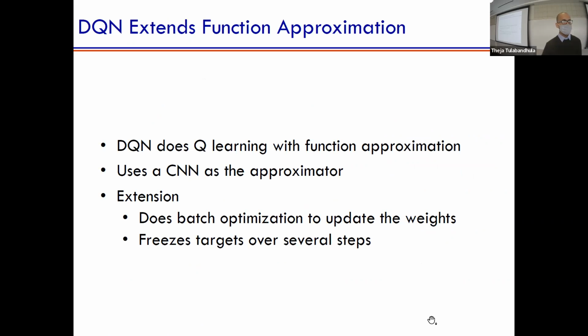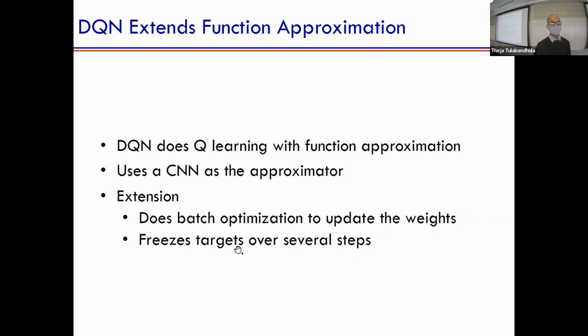So DQN picks up the Q learning idea from before, and adds a few more ideas, including function approximation, so that it can actually work for these non-trivial environments. In particular, it uses a CNN as an approximator, and it also does a couple of things. As we saw when we were motivating the squared loss, there was this W present in both the max of the function approximation as well as the third term.